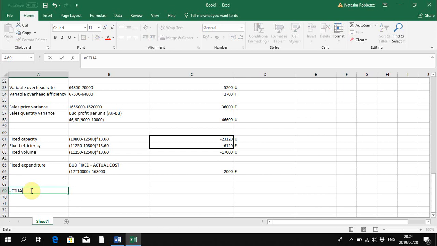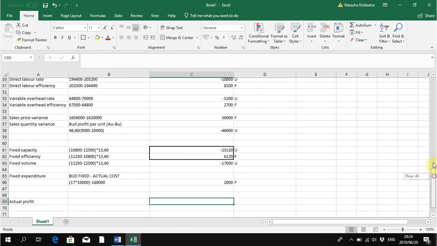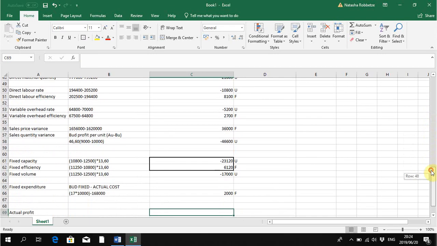Right, now we need to go and see actual profit. The actual profit is a calculation of all the variances starting with the budgeted profit.